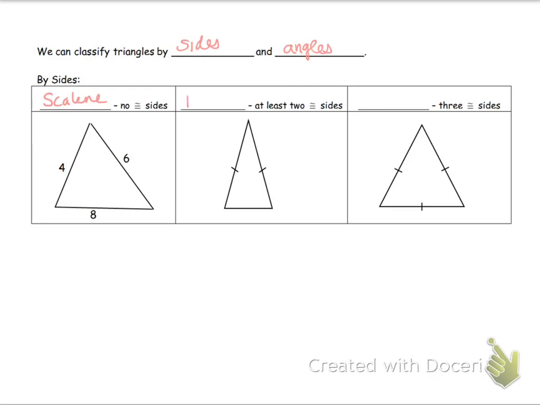My next one is going to be an isosceles, where two sides are congruent, and then two angles will also be congruent. If you draw arrows to see which angles open up to them, you can see which angles are also congruent. And then my last one here is equilateral.